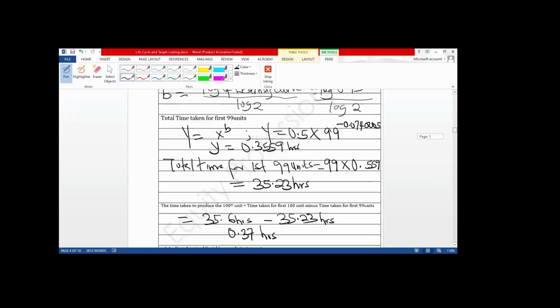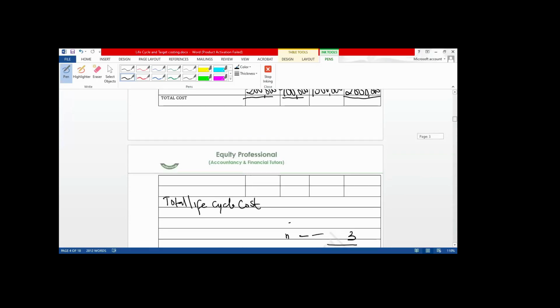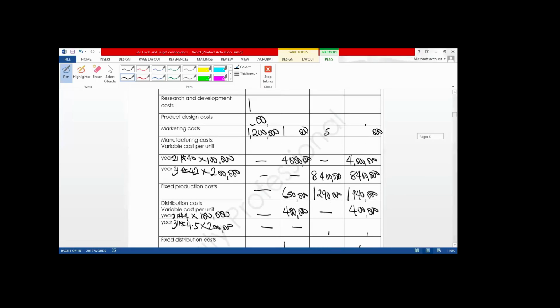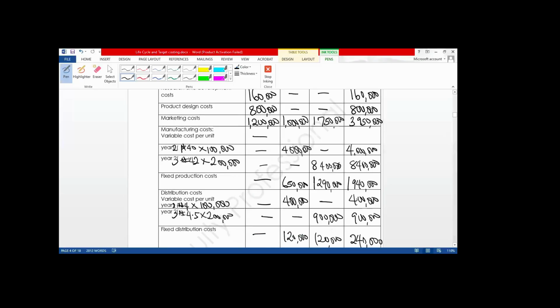That means if you go back here now, instead of using 40 naira here, I'm going to use 36.88. Instead of using 42 here, I'm going to use 38.62. I can now return here.